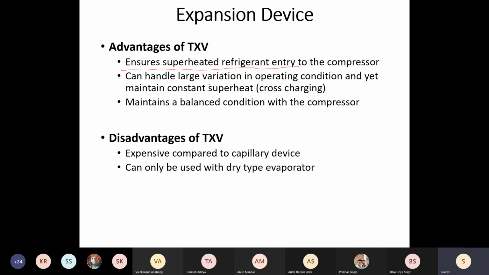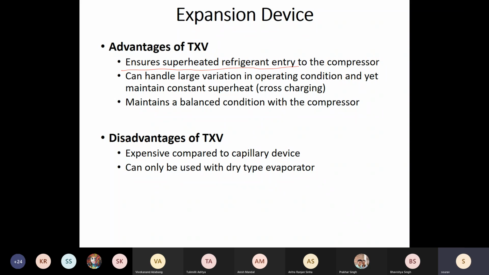Unlike your capillary tube, where you are always worried that if the condensing temperature goes too high, then there is an issue of evaporator flooding. Okay, or if the condensing temperature goes too low, then there could be starvation of the evaporator. So such issues will be there in capillary devices. Hence, it is still common in most of the refrigerators that we use, because in your refrigerators, the condenser is still indoor.